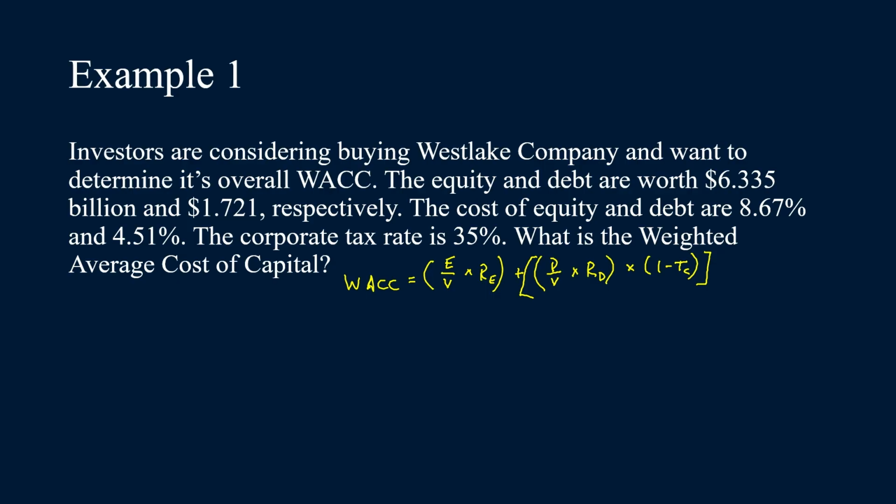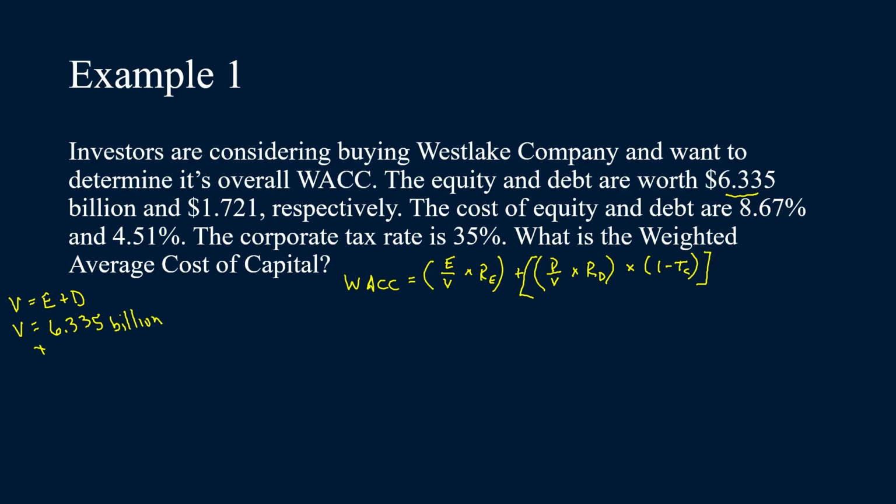Now, we know what the E is, we know what the D is, but we don't know what the total value is. So we're going to have to figure out what the value is first. So V, if you recall, is simply E plus D, the equity plus the debt. So we're going to go ahead and add that up. So we have equity is worth $6.335 billion. I'll write the whole thing out.